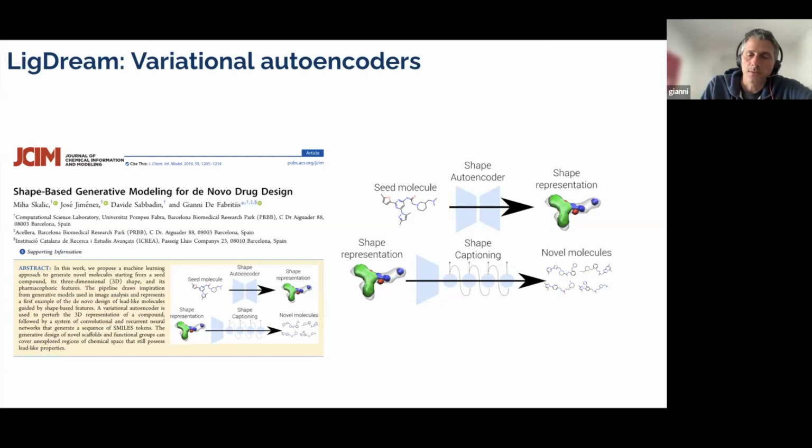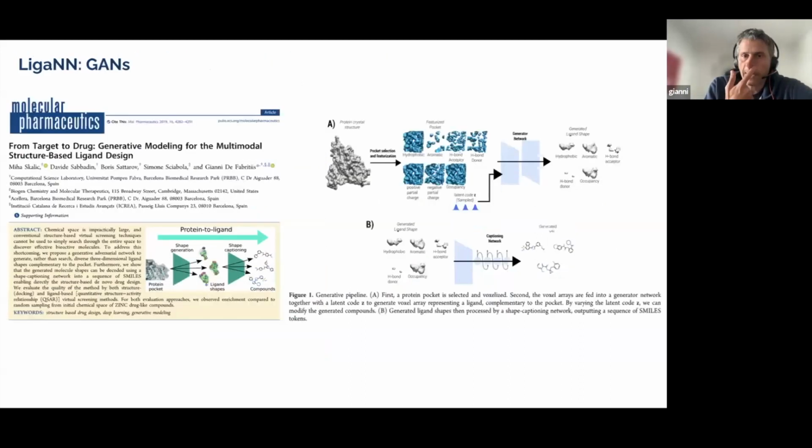This was again in 2019, and then we used GANs, which back in 2019 were also quite in vogue, and of course now have disappeared. And again, it was the same thing as before. We were giving a structure and asking to predict properties inside the pocket, but this time with a GAN instead of an autoencoder.